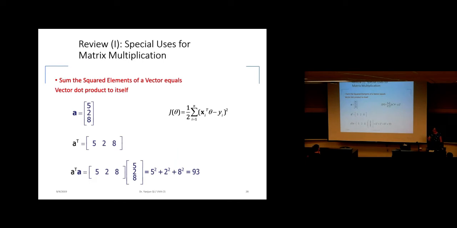The trick I used is that A transpose A equals the summation of ai quadratic, i from 1 to n, and here A is the vector x theta minus y. Any questions about this? It's just a trick, but it's very efficient and we need it.